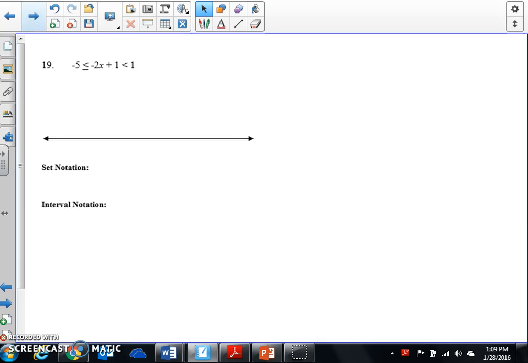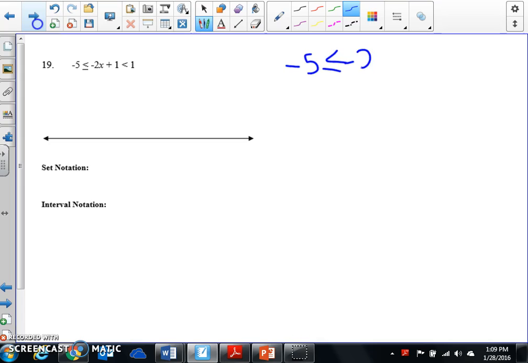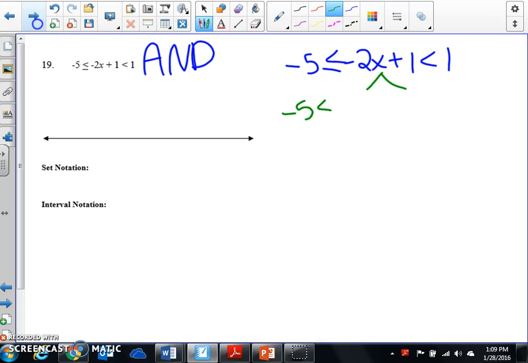All right, so let's take this to the side, negative 5. First of all, this is less than, so less and, so you put and. Now I break it up. This is negative 5 is less than or equal to negative 2x plus 1, and negative 2x plus 1 is less than 1. Now I solve.